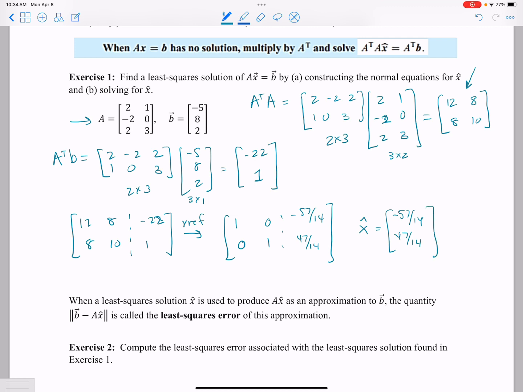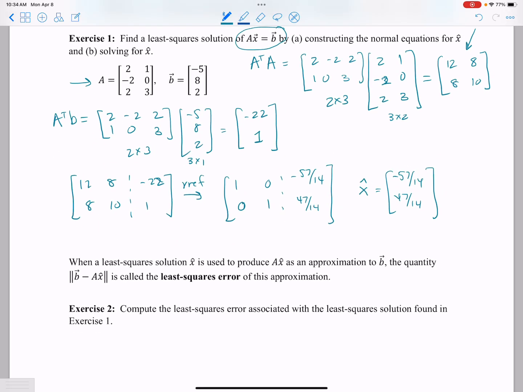So I can't plug this back in to Ax = b and have it work, but it is the best approximation. To find out how far off you are, like how close it is, you can find this quantity, the norm of b minus A x hat. Keep in mind, b is what you want it to equal, and A x hat is the approximate.